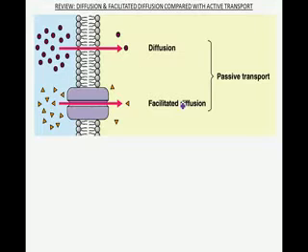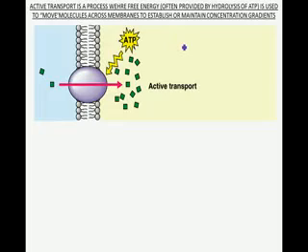Previously, we have looked at passive transport mechanisms, diffusion and facilitated diffusion, going from transporting molecules across membranes from high concentration to low concentration. We're now going to look at this active transport mechanism, which is, again, moving molecules across membranes.